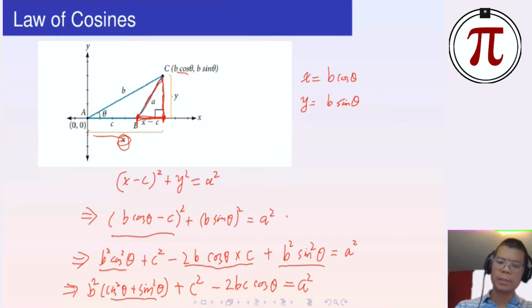So this implies a squared equals b squared plus c squared minus 2bc times cosine of theta.